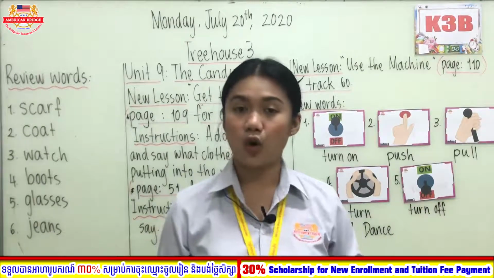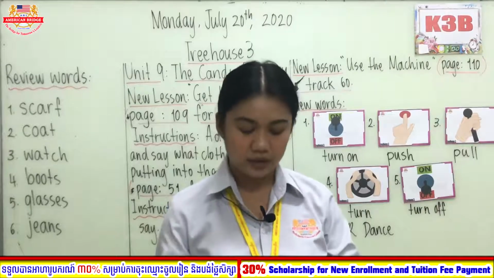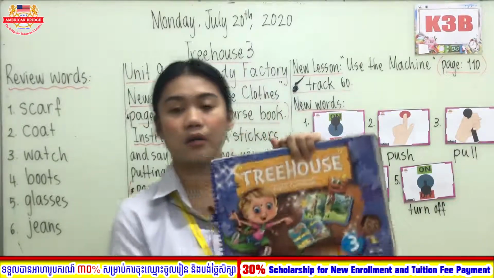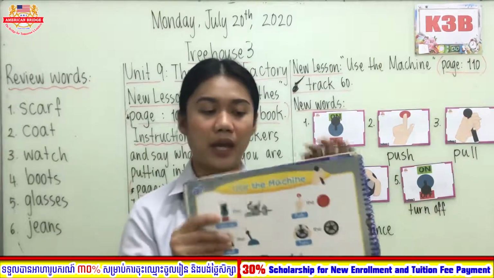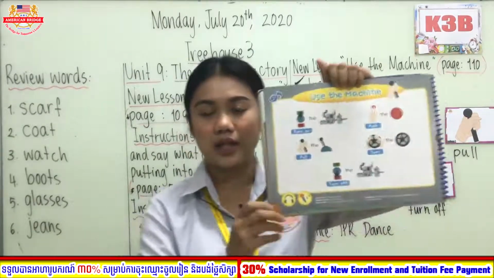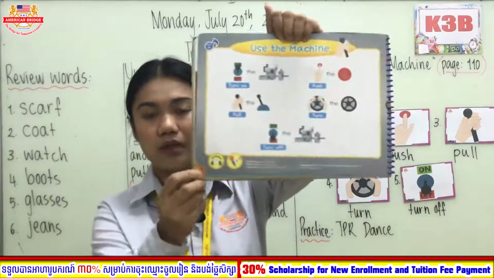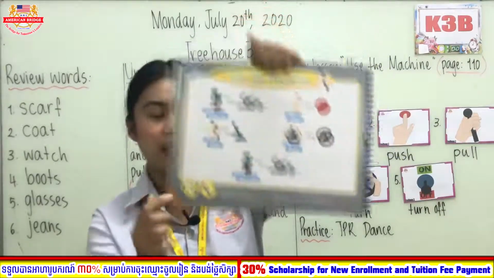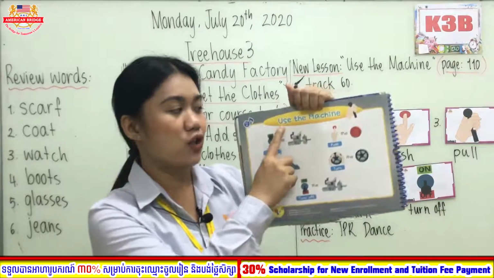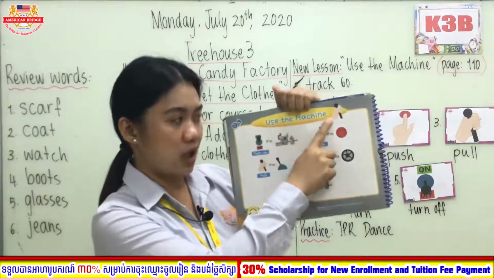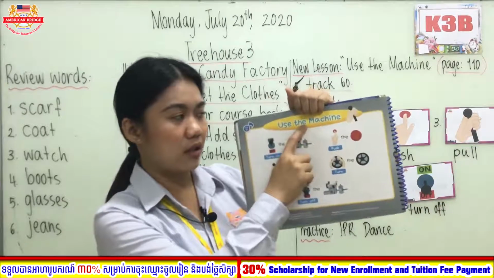So take out your course book everyone. Here is our course book, you know already. And open your book on page 110. So this is our page 110, and our second lesson for today. Use the machine.